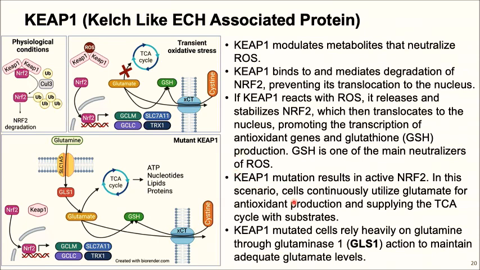Glutaminase 1 is at the center of glutamine metabolism to produce glutathione, but also alpha-ketoglutarate that feeds into the TCA cycle to manufacture nucleotides.